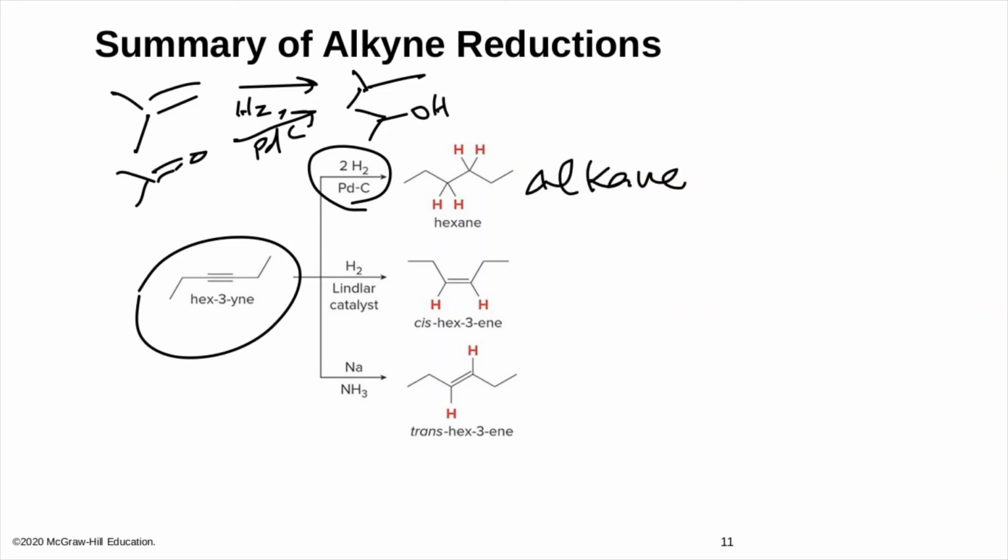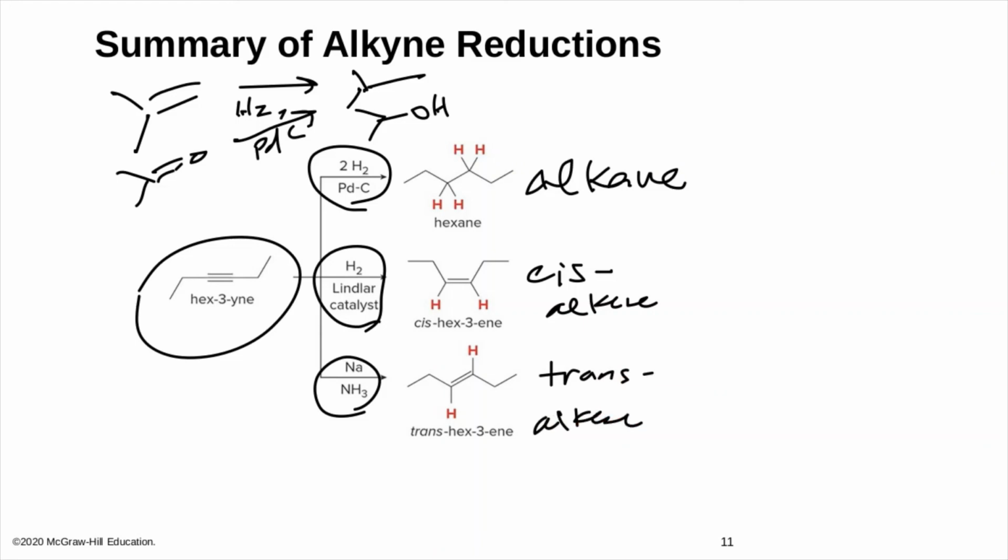Or we can add one equivalent of hydrogen and use the poisoned catalyst, Lindlar's catalyst, and that will get us down to the cis alkene if we have an internal alkyne. And if we do the dissolving metal reduction with sodium, then we can take the alkyne down to the trans alkene.